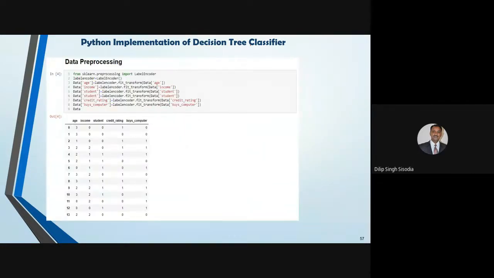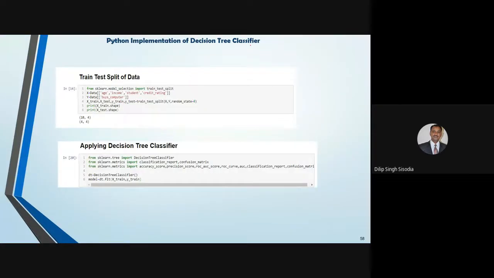Now we will use the label encoder, from sklearn.preprocessing import LabelEncoder. Automatically it will encode, depending on the number of classes. The text we were using earlier will be substituted by numerical values. Now your data is ready to feed into the algorithm.